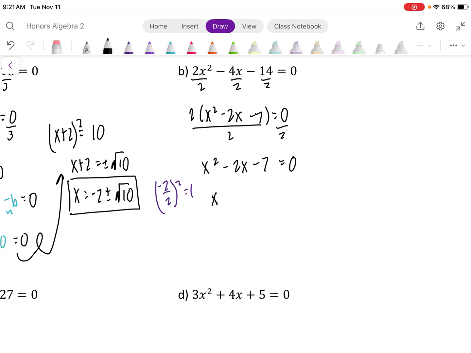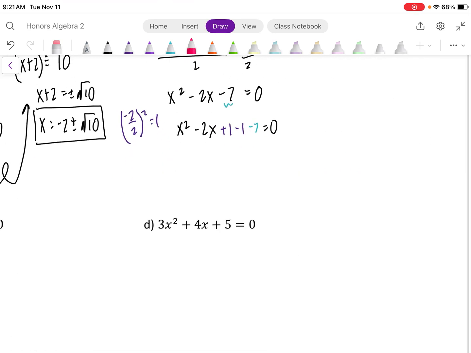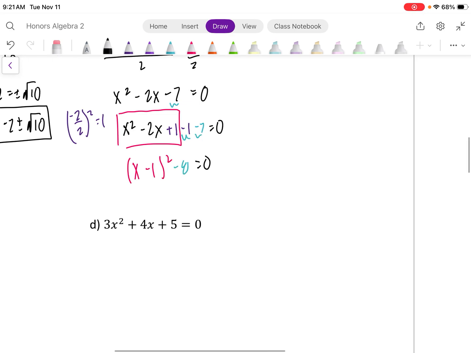So we're going to have x squared minus 2x plus 1 minus that 7 equals 0. Here is your box. We want to solve that. So, factor that. So we have x minus 1 squared, combine these, minus 8 equals 0.